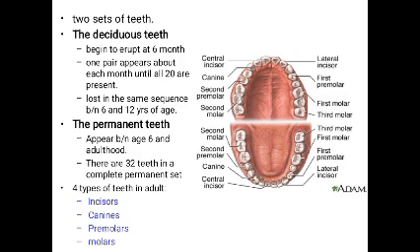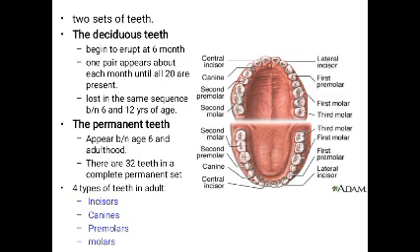The permanent teeth appear between age 6 and adulthood. There are 32 teeth in a complete permanent set. There are 4 types of teeth in adults: incisors, canines, premolars, and the molars.